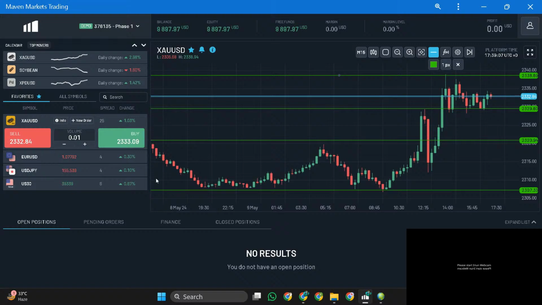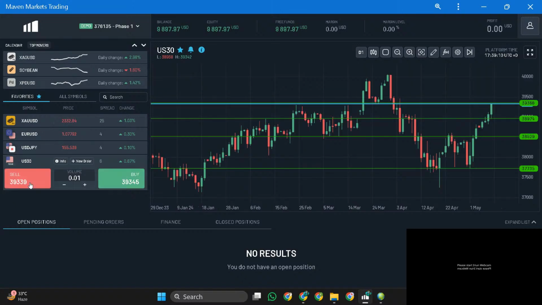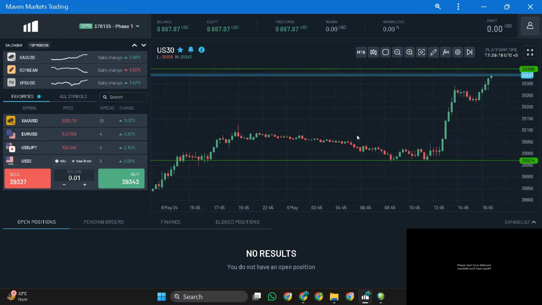US 30 is flying, and in this kind of situation, you should avoid selling. Okay, if it is flying, let it fly. You don't become an impediment into this upward move. Let it fly. Let it lose its momentum.